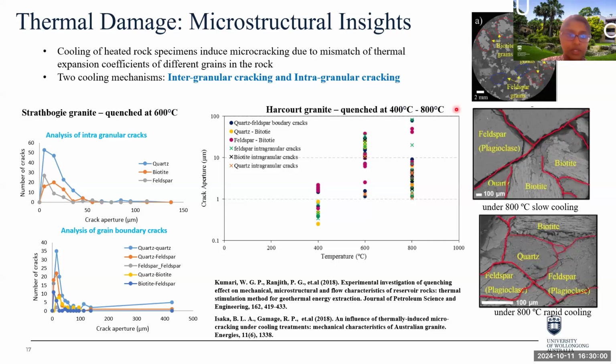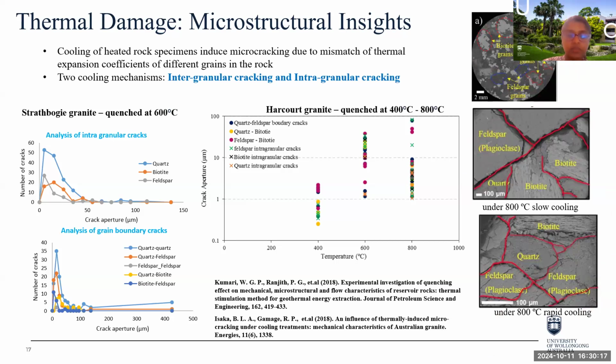When CT resolution is not sufficient, like in this CT image, scanning electron microscopy or SEM can be used, but this may require sample stitching and then image analysis for quantitative analysis.